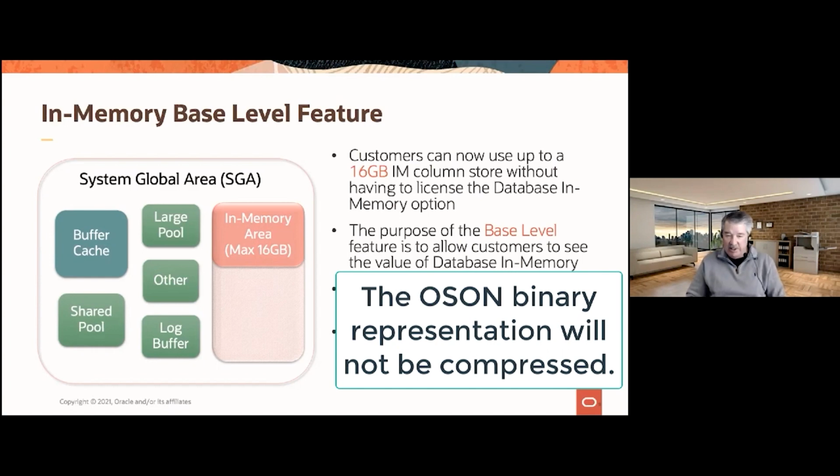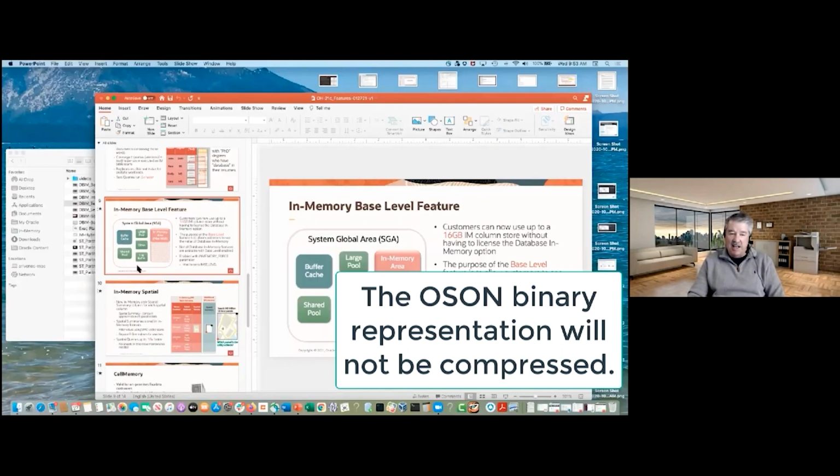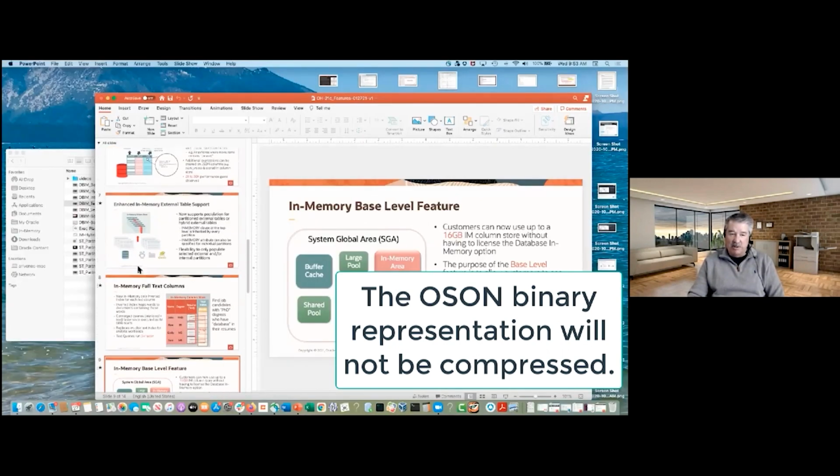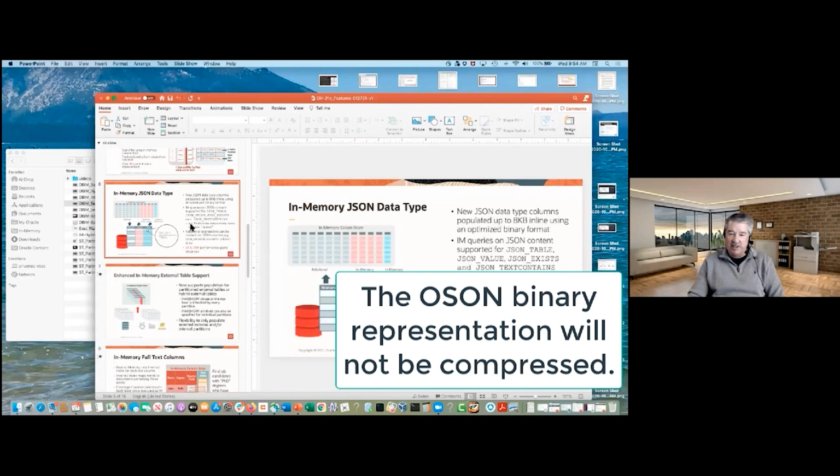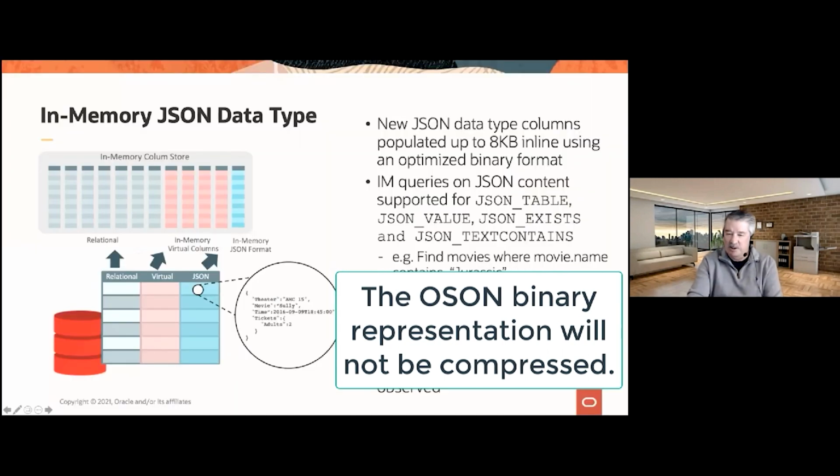So while you'll get compression on the other columns, you won't get any additional compression. I might have to double check on that, but the JSON virtual column, which is what we're populating in the column store in OSON format, isn't going to change in its compression. The other columns that you might be populating would still take advantage of it.